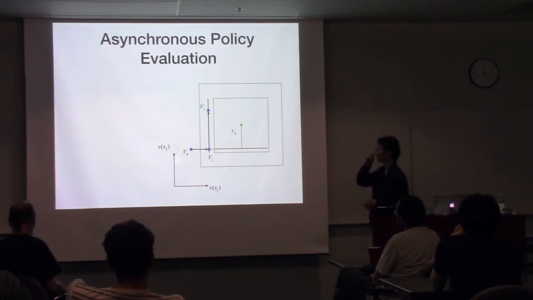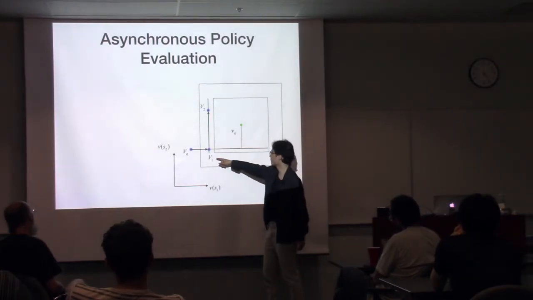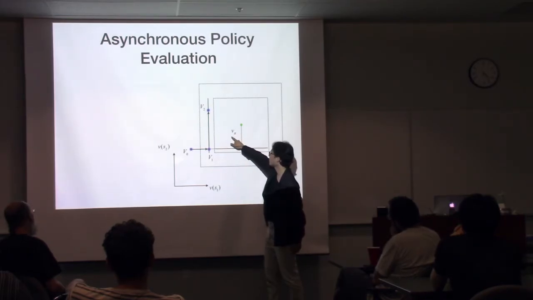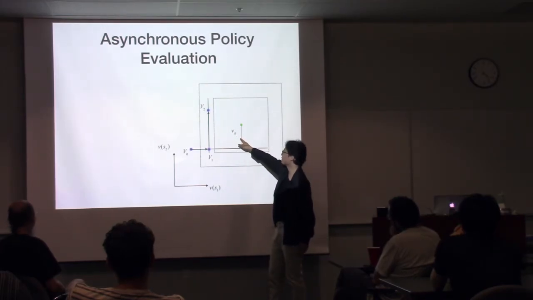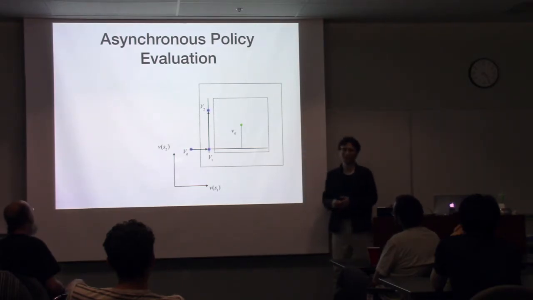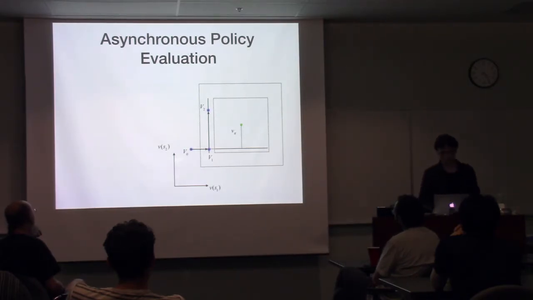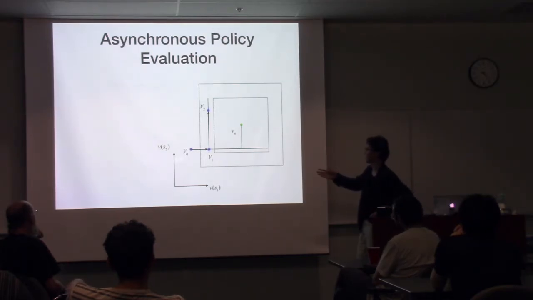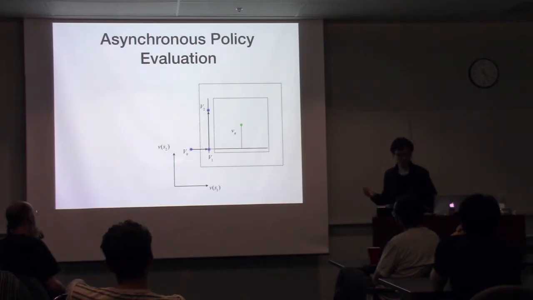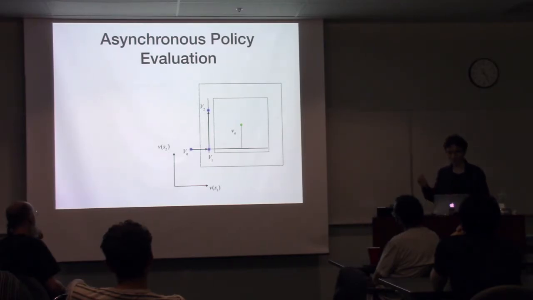So in this case, if you look at the distance between v1 and v pi, and the distance between v2 and v pi, you find that these two distances are exactly the same. So when you do updates, the distance doesn't become smaller. And if you only update s2's value, the distance will never get smaller. So that means you really need to update s1's value in order to get some improvement.